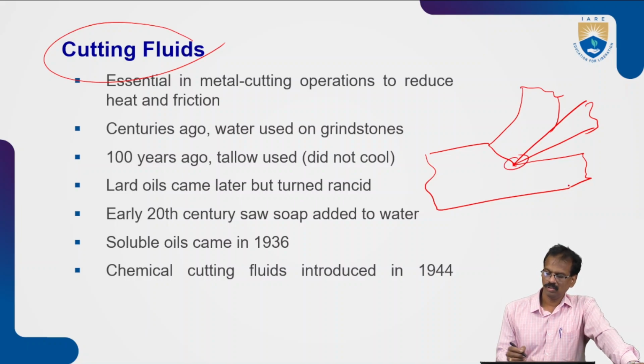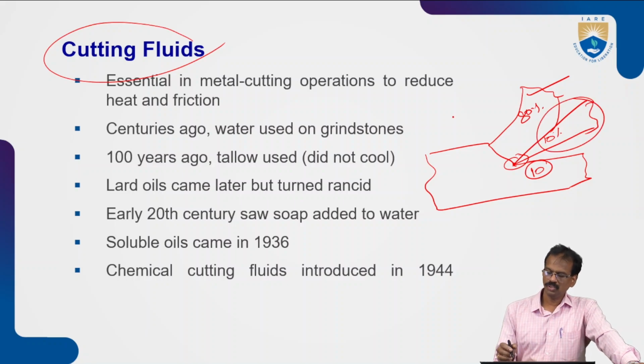Due to the friction between the tool and the workpiece, heat will be generated. Most of the heat, 80 percent, will be carried away through the chips. 10 percent of the heat is received by the workpiece, and 10 percent of the heat is received by the tool bit.